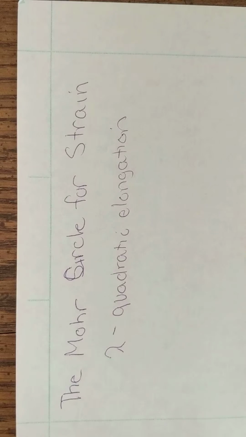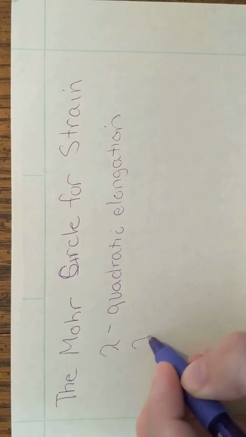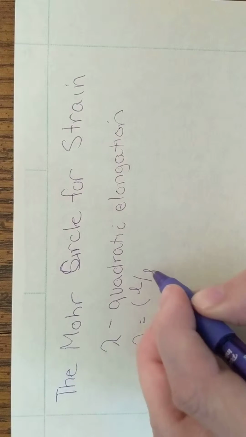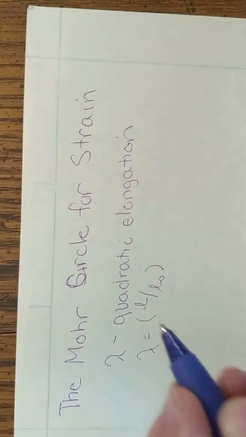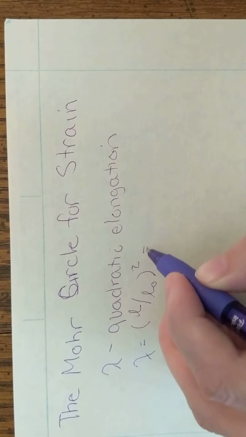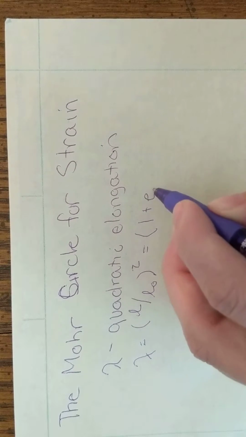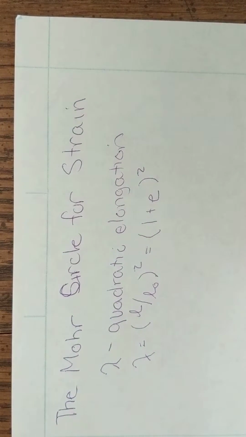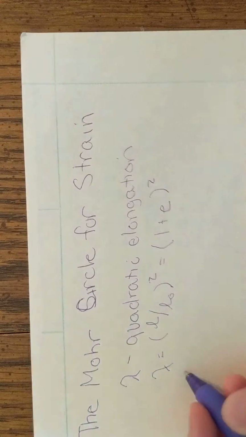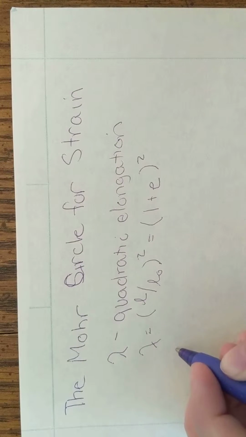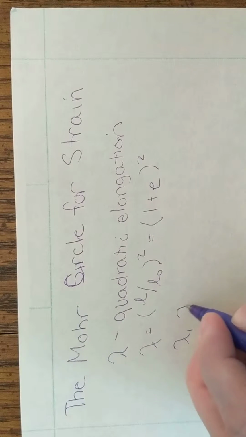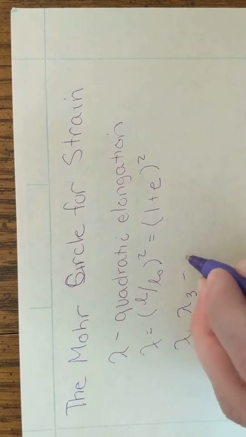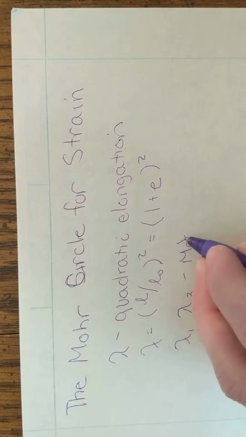So the basic formula for this is going to be our deformed length over our original length squared, or 1 plus our elongation factor squared. So when we want to, we can combine this or break this up into our lambda 1, lambda 3 components, which we use for our Mohr circle.